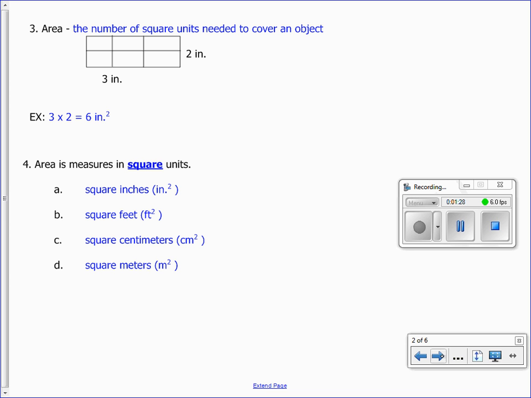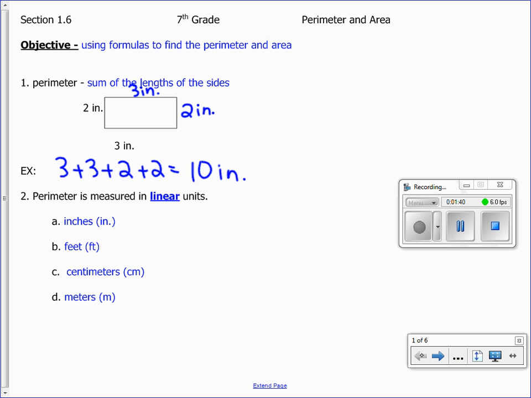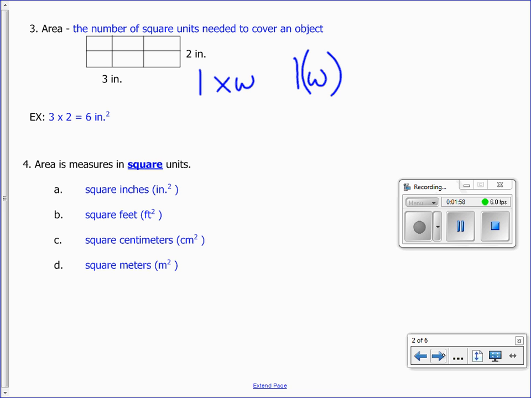So you multiply the length times the width, or L times W. As I go back, the formula for perimeter will be 2 of your lengths plus 2 of your widths, and that will equal your perimeter. So the formula for area is going to be length times width.